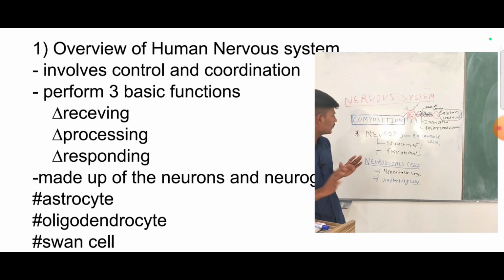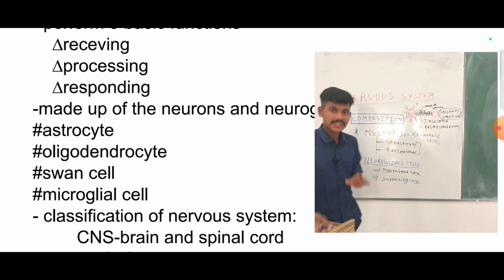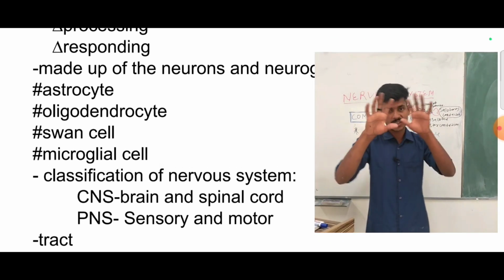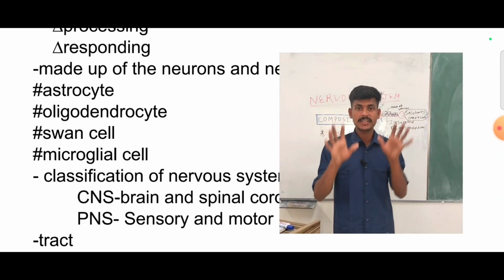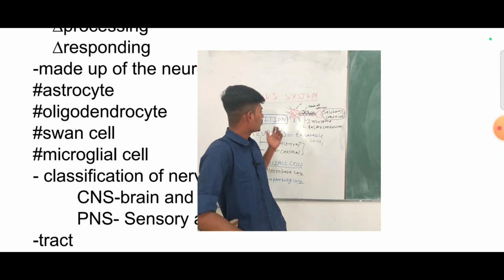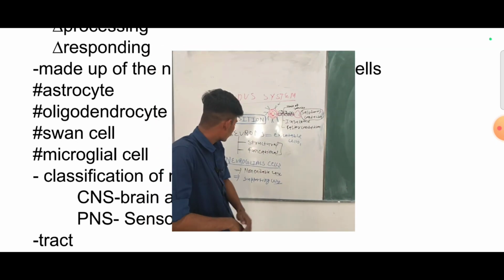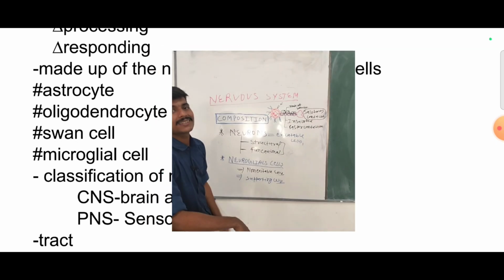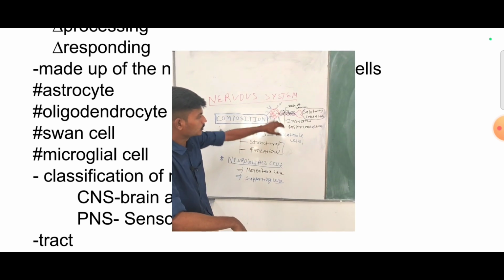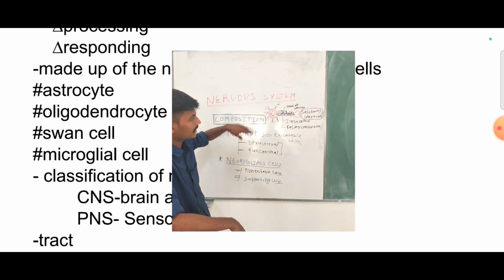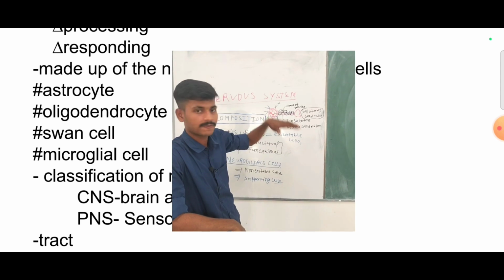That's one mode of conduction of the neuronal electrical stimulus. Clear? Now if I am concluding, the central nervous system is primarily made up of neurons, but there are also other supportive cells called neuroglial cells, which help to insulate and make their conduction faster.